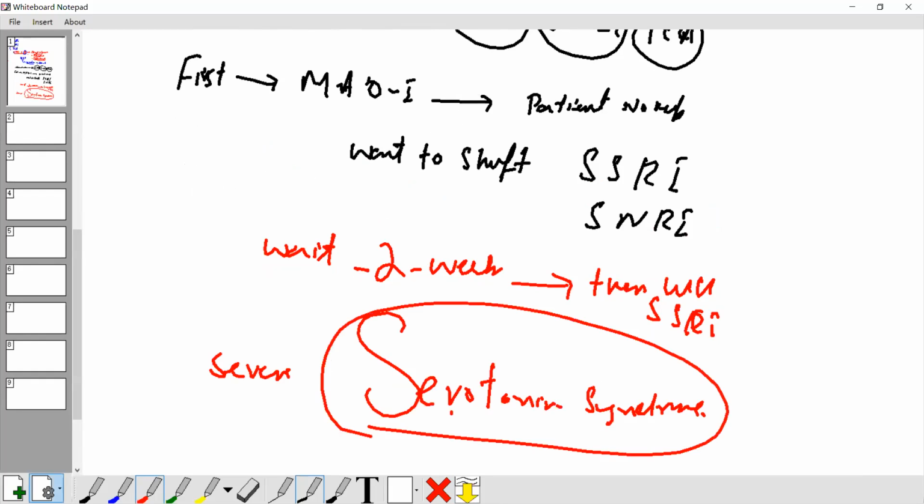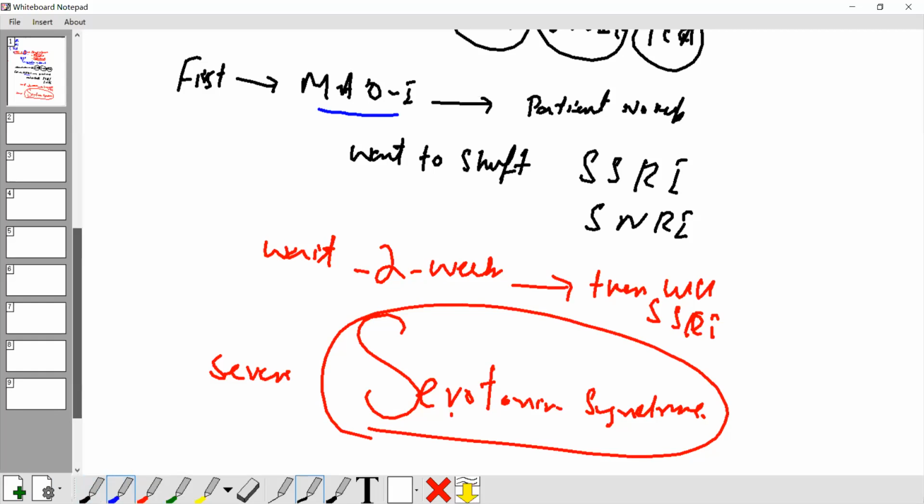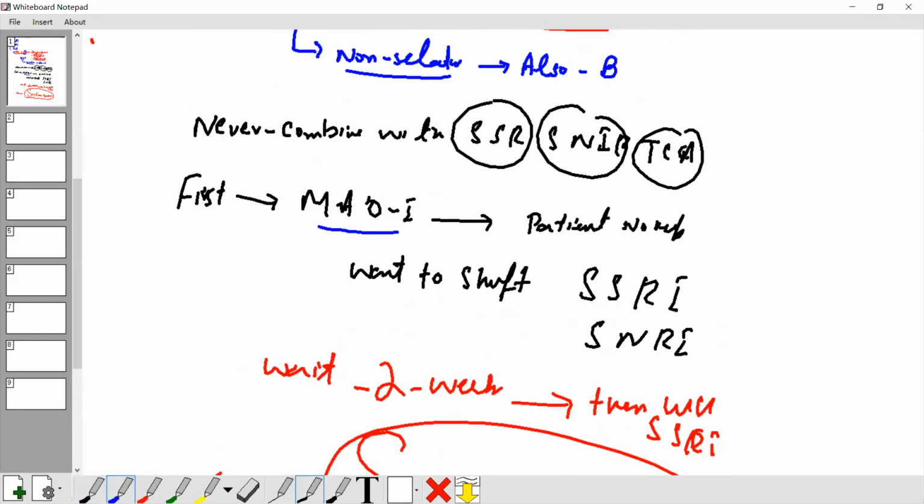Very dangerous, maybe lethal for the patient. We never combine; we use it as single therapy. We do not combine with SSRI, SNRI, and TCA. Understand?